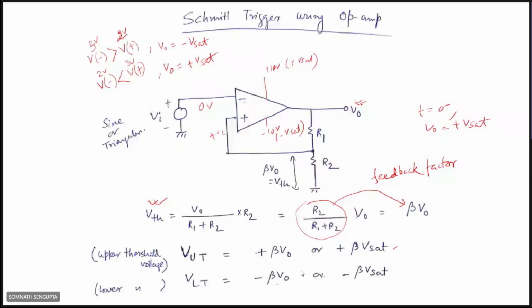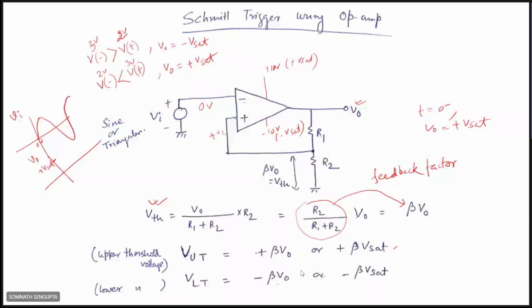Now the input voltage is rising from 0 volt sinusoidally, say. So this is the input voltage Vi, and this is the output voltage V naught. Initially the output is staying at plus Vsat and the input is increasing from 0 volt.